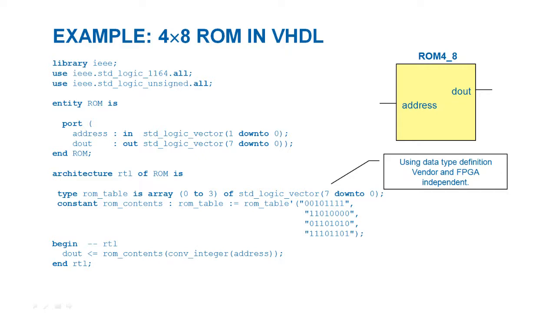Then we have an implementation of this architecture that says that whenever the address bus changes, we convert the address bus into an integer, and then we look up the ROM content value that corresponds to the current address bus, and we write it out to the data.